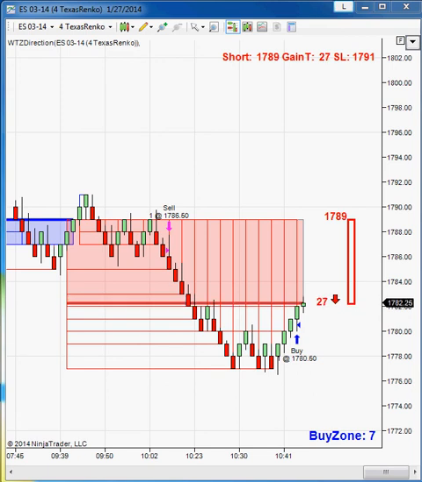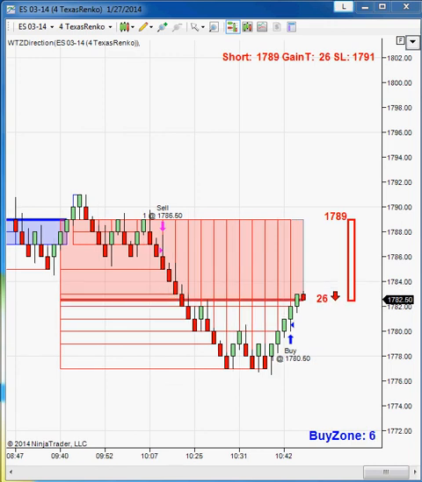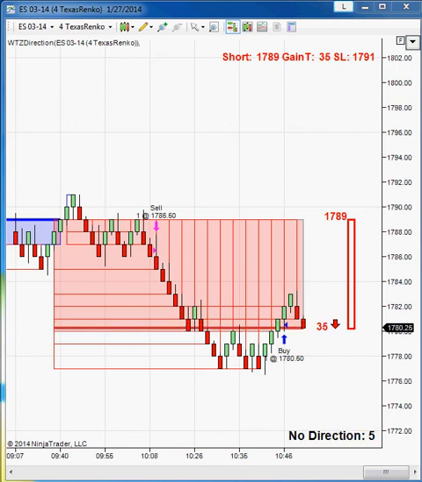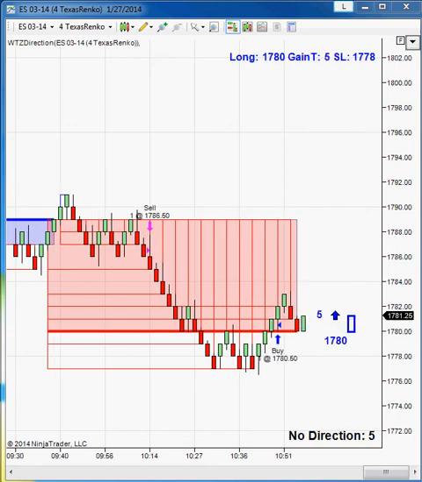And when I say a couple of candles, that means gain T value should be now 9 or 10. And then the buy zone should be at least 6. That's the buy zone for the buy side. But right now we already have a short and the buy zone is equal to 6. That does not give me a buy indication, but we want to save our money.